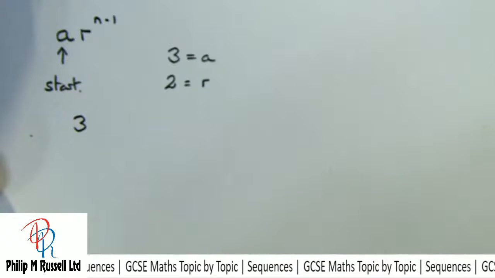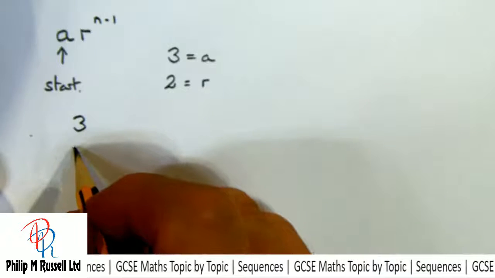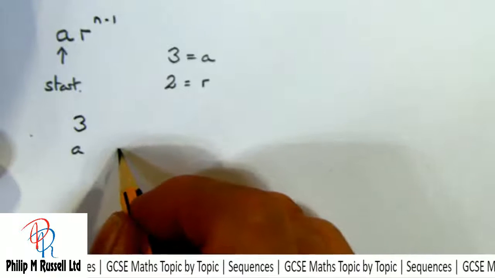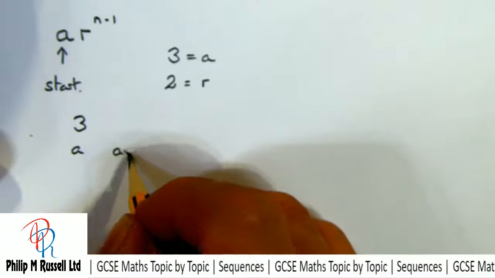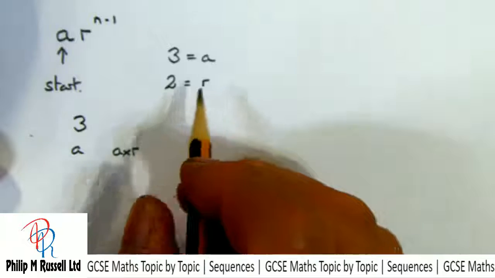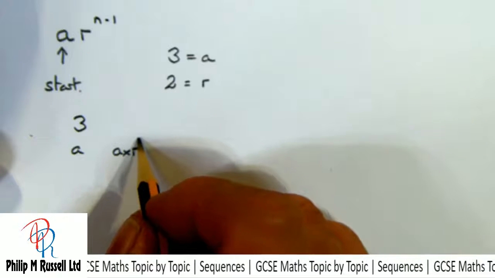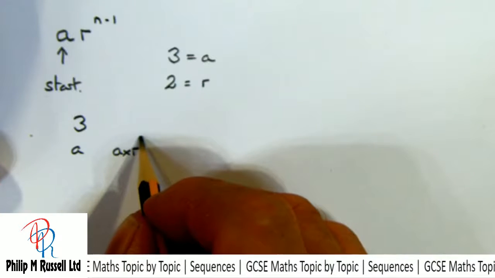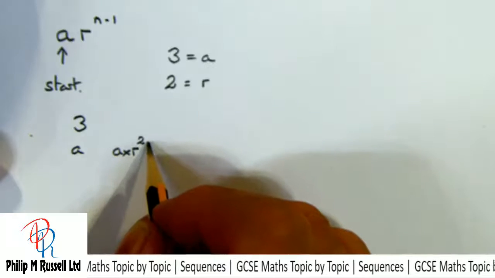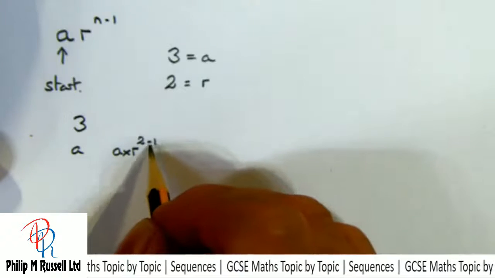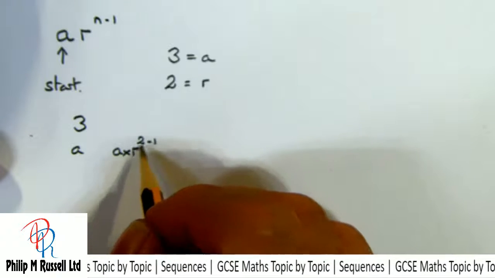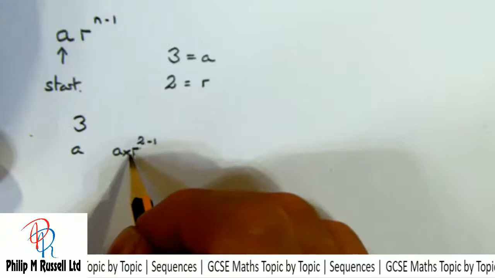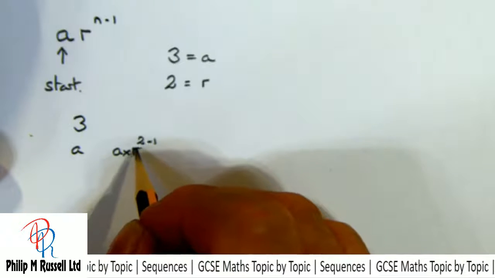Now for my second number, this is going to be a times r to the power of 2 minus 1. So this is going to be r to the power of 1, and that's going to give us 2.